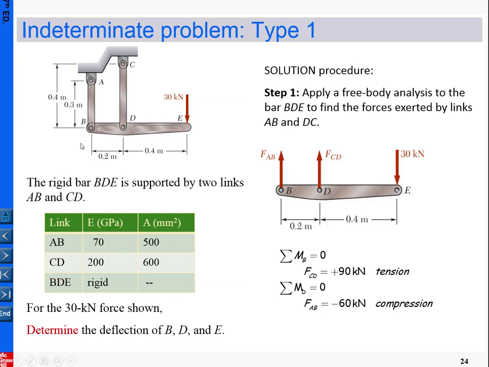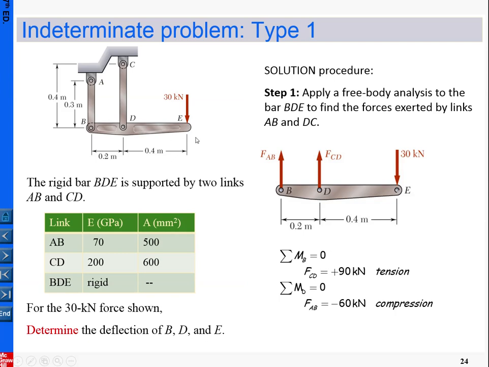The first type is about problems supported with a lever. The feature of this problem is that the lever is rigid, which means it does not deform, but it can rotate, so it can be inclined like this.